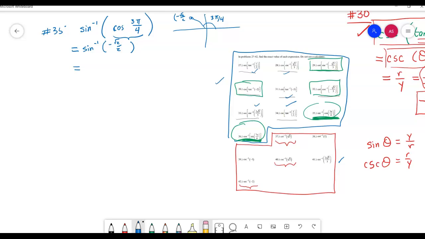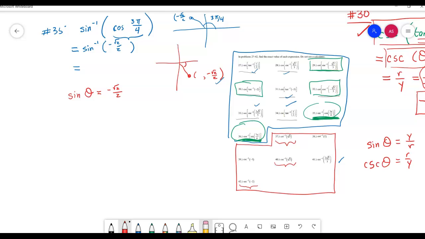Then the question is that, now here's where you got to be careful. Sine inverse lives in either the first quadrant or the fourth quadrant, but the input is negative root 2 over 2. So I'm thinking sine of what angle gives me negative root 2 over 2. That angle has to be a negative angle to give me a y-coordinate of negative root 2 over 2.